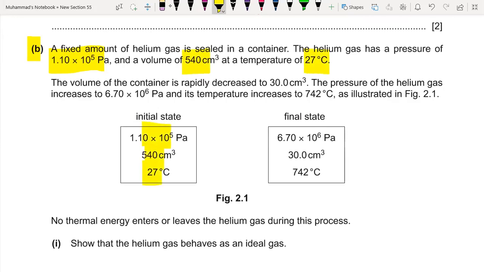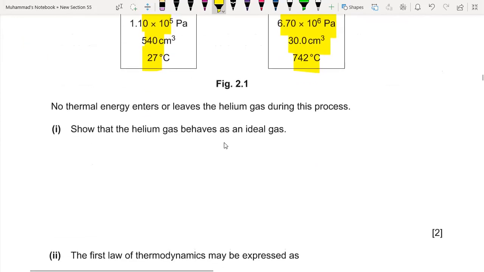The data is given over here. The volume of the container is rapidly decreased. The new volume is this, new temperature is this, and new pressure is this. No thermal energy, this is an important keyword, no thermal energy enters or leaves the helium gas during this process. So Q is 0. Show that helium gas behaves as an ideal gas.